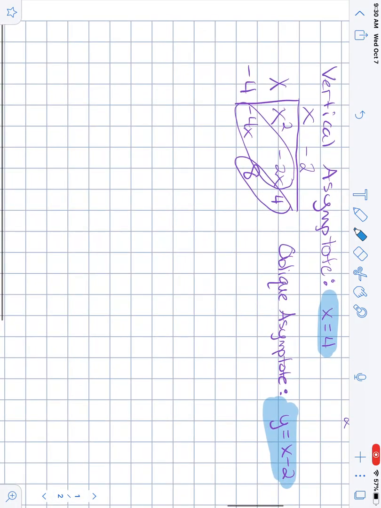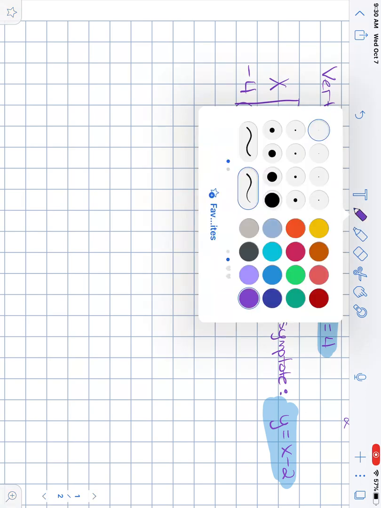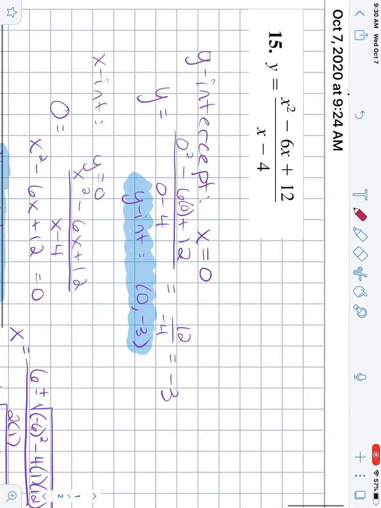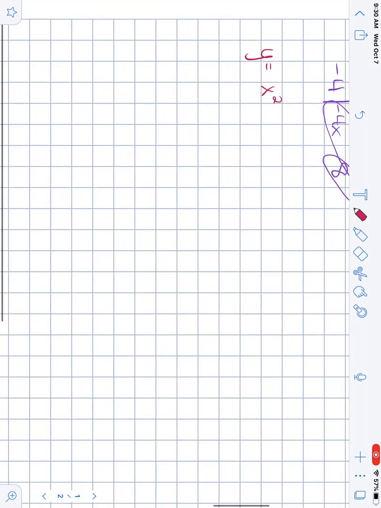I'm going to rewrite the function so we can find the derivative. I'm going to use a different color. The function was y equals x squared minus 6x plus 12 over x minus 4. Okay, we'll differentiate.